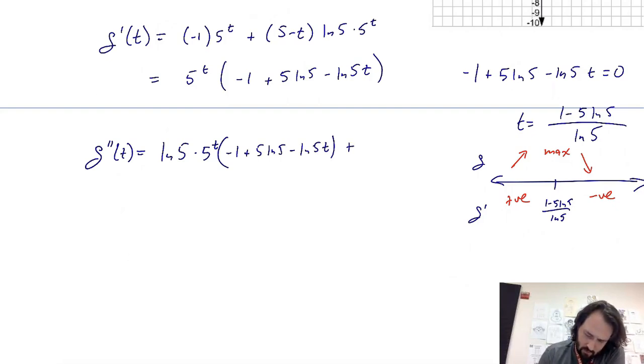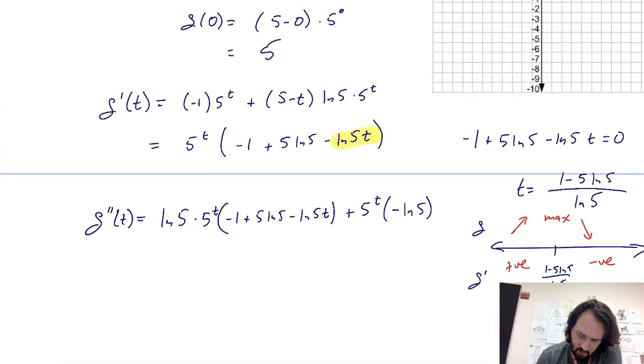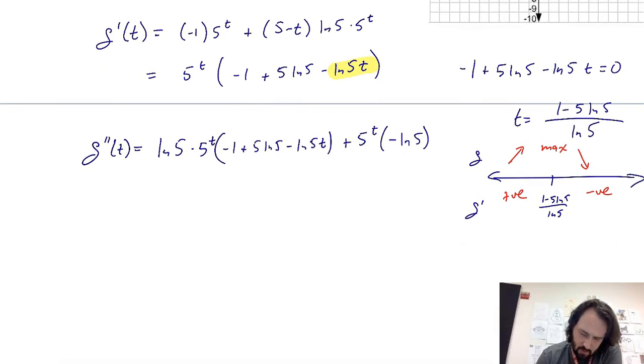And then plus the first times the derivative of the second, which would just be negative ln of 5. Right, because that's just the power property right there. Nothing else is a t in it.